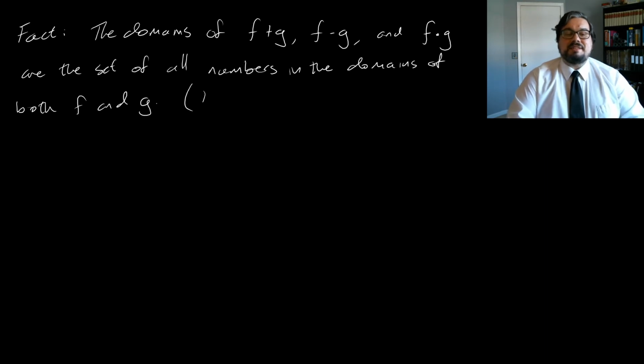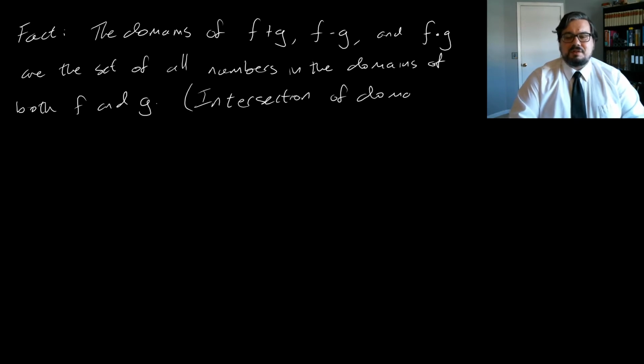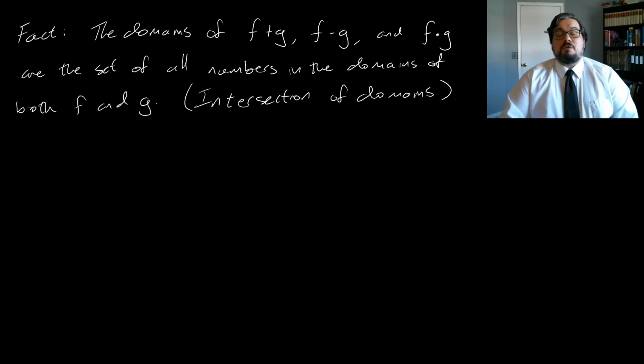Another way of saying this is that this is the intersection of the domains of f and g. So in order for the functions f plus g, f minus g, or f times g to be defined, you do need both of the original functions to be defined, but that's all you need.